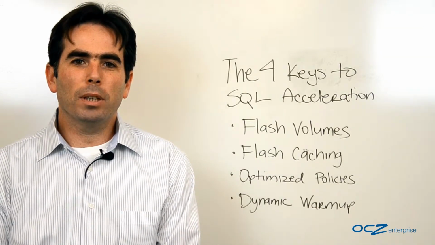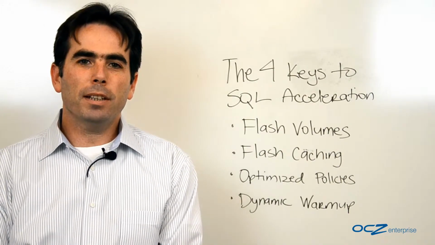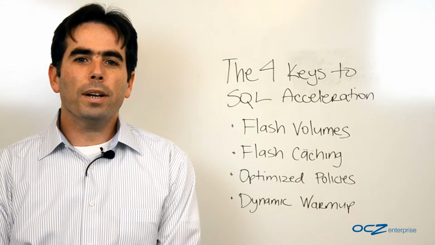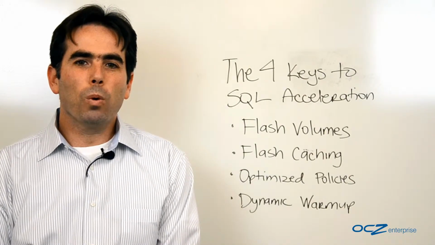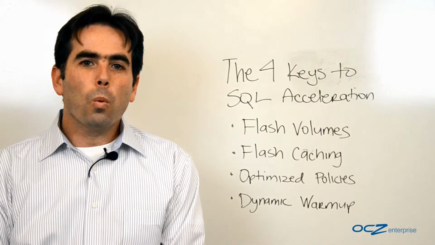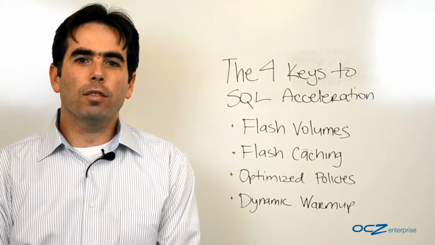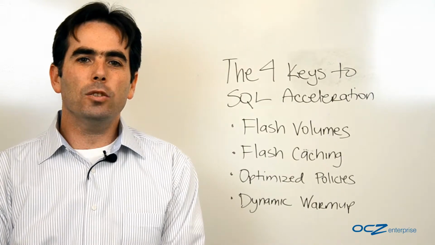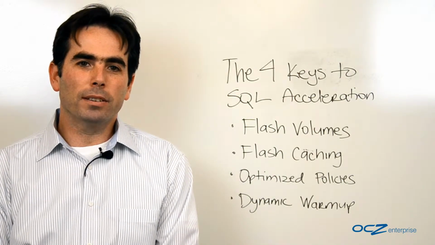OCZ has recently released its ZDXL SQL Accelerator, and many customers have asked us what exactly we are doing inside the card to make SQL run much faster. When we analyze SQL workloads, we discovered that there are 4 key elements that need to take place so that SQL is efficiently accelerated.